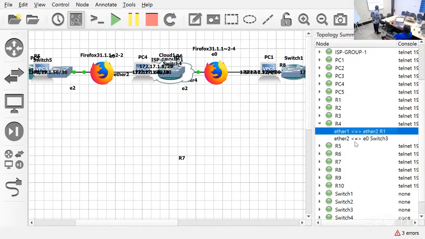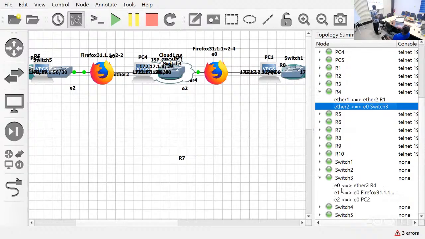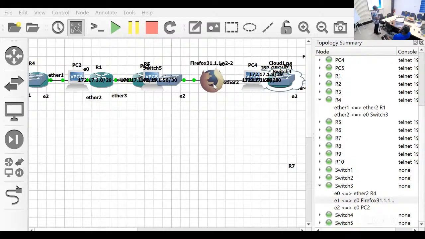Access it. The one group1.com. Group1.com. Yes, sir.